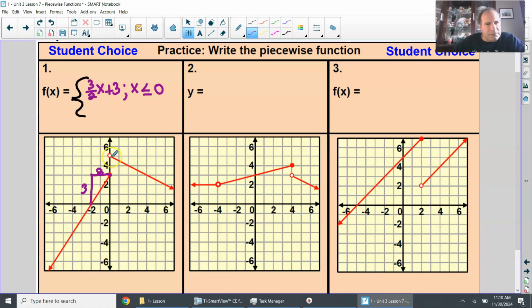So the b equals 5. And this one goes down from left to right, so this is negative 1 over 2. So this is negative 1 over 2x, and then that is plus 5. And again, that is x is now greater than 0. And that's basically it.